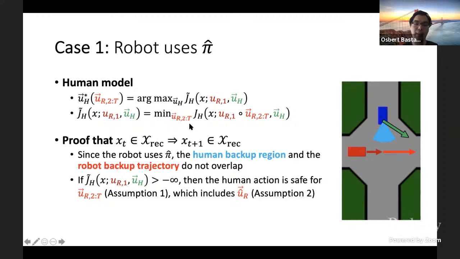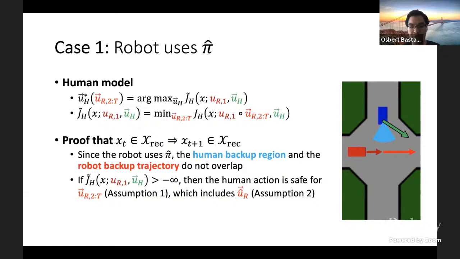And because the human is acting conservatively with respect to the robot backup action, whatever action they took, if we continue using the robot backup action in this red part, then we're going to be doing something that they anticipated, and therefore we're going to realize an objective value that's greater than -infinity.